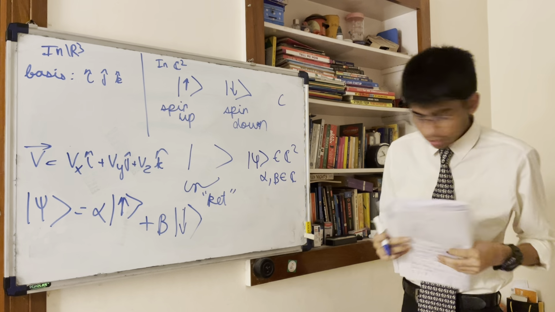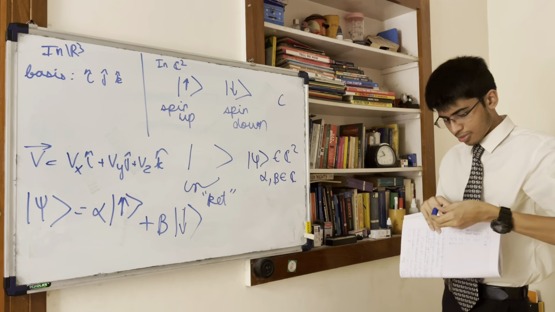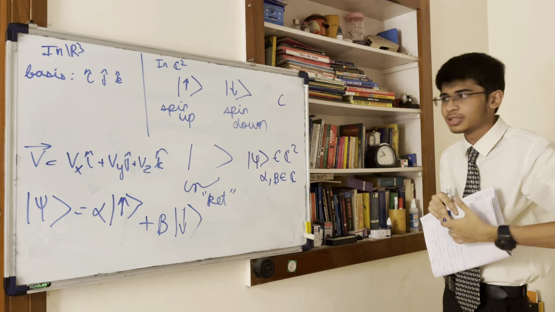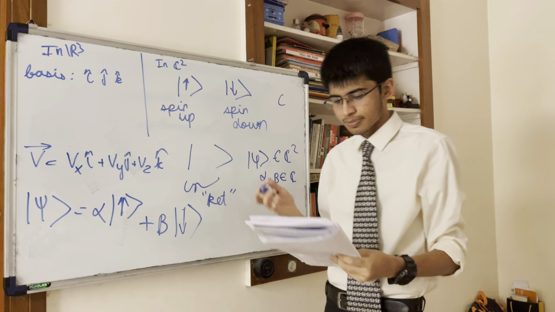Okay, so we are done with how we denote complex vectors with these bases. Now let's talk about how we write them. There's a fancy way in which we write them.